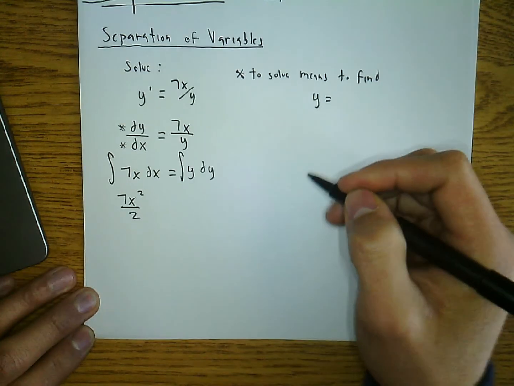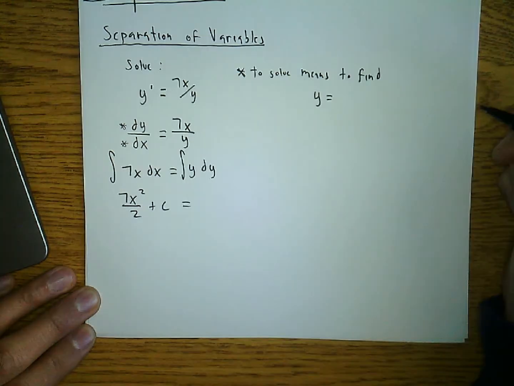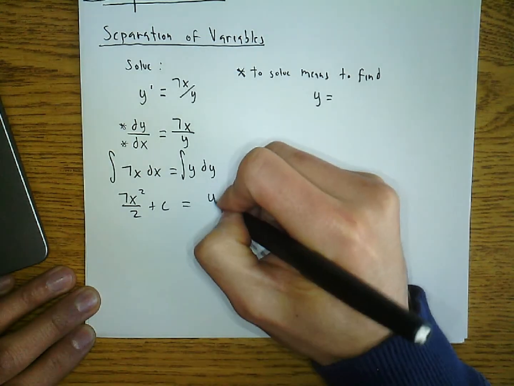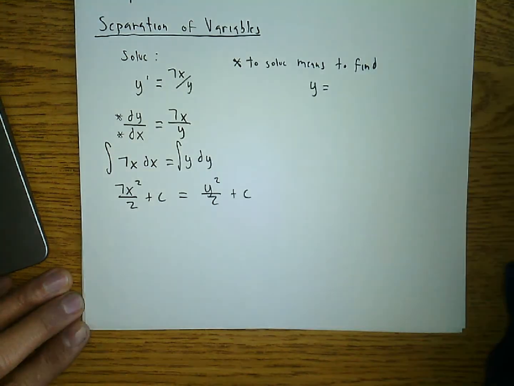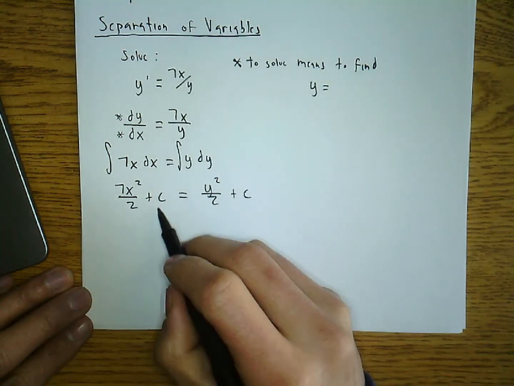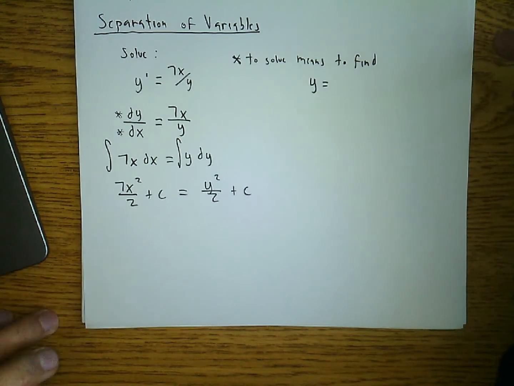And the integral of y would be y squared divided by 2 plus another constant. Question for you. Are these constants the same? No. So be careful with the operations. You can call this C1 and you can call that C2.